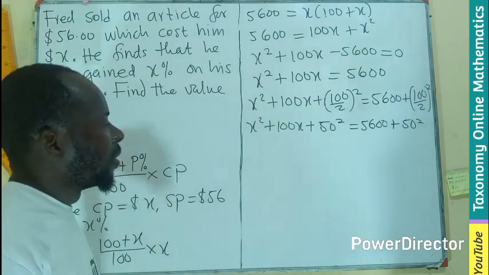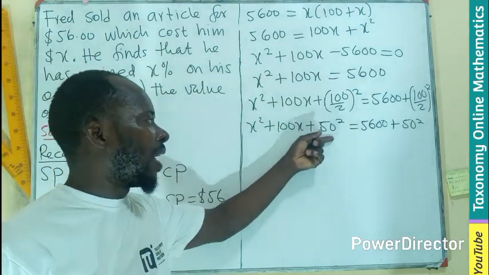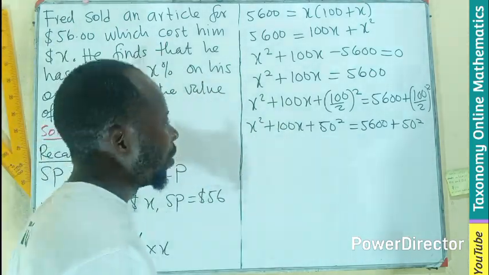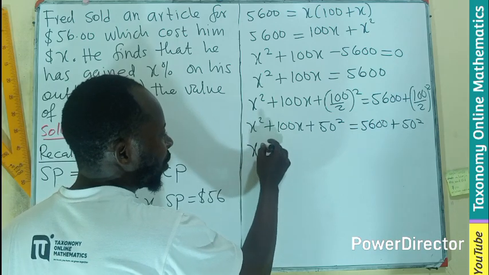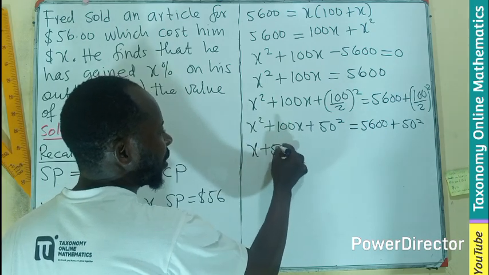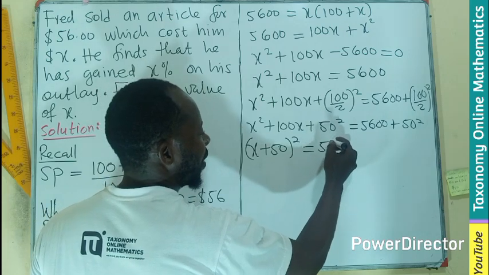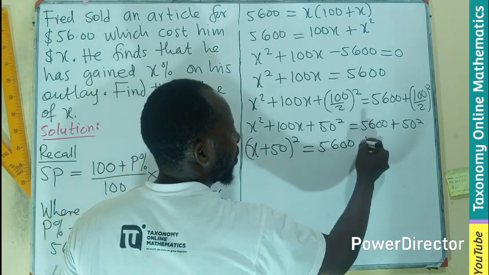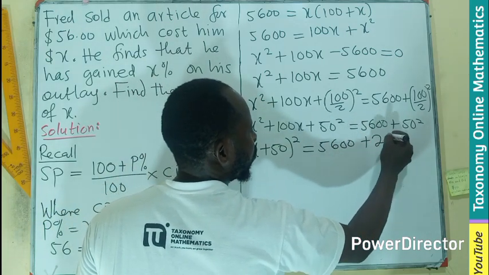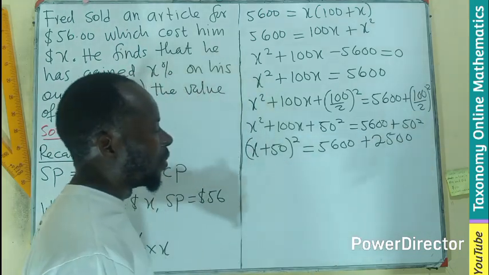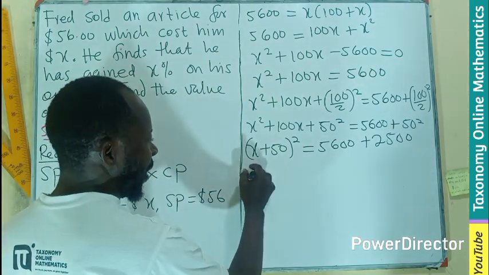All right. This right here is a perfect trinomial. So we pick the X, we pick the last term 50, then we find the square of that. This is going to be 5,600. This is going to be 25 and 2 zeros, 2,500.